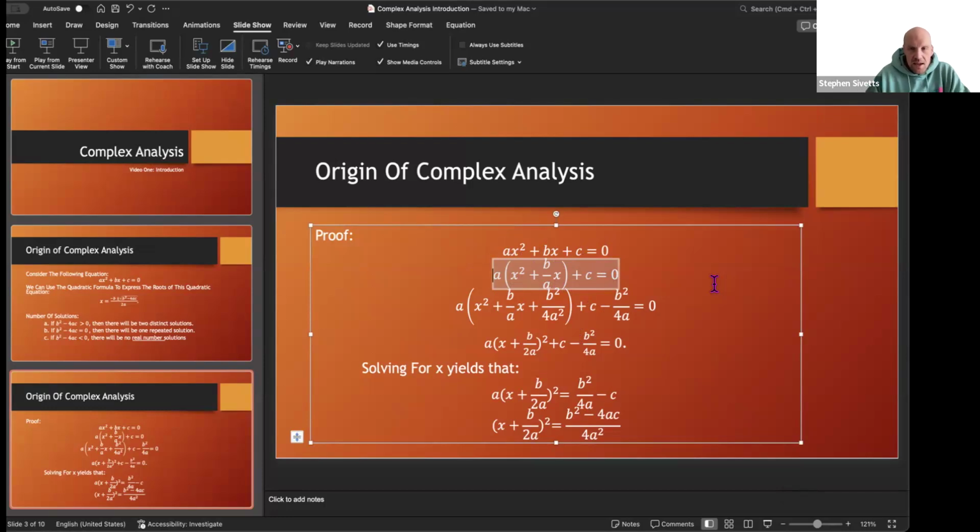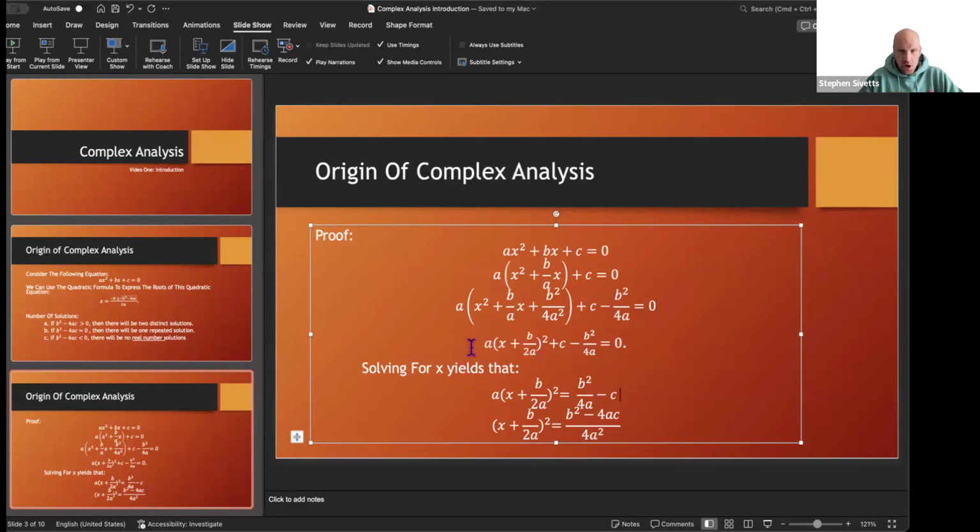Then, using the completing the square method, we add b squared over 4a squared and subtract that same quantity to get the equation balanced, and you'll end up in this form.